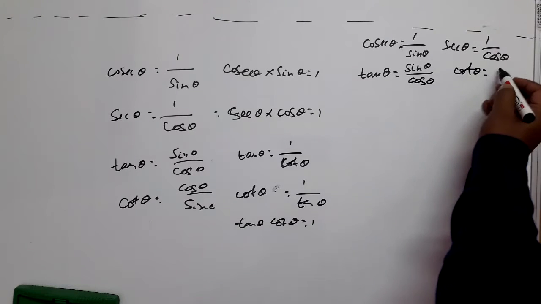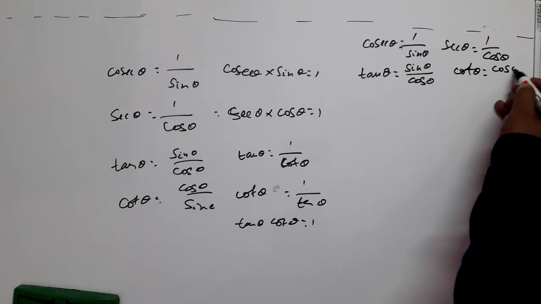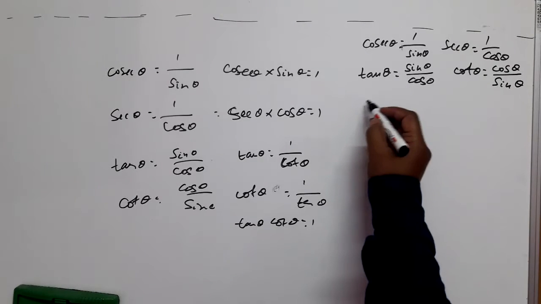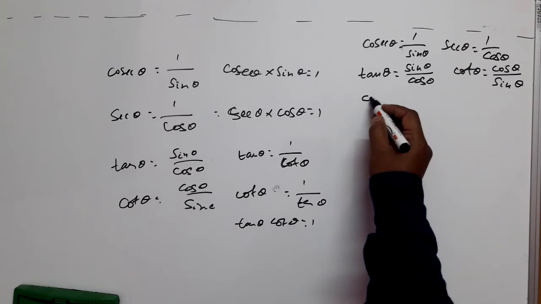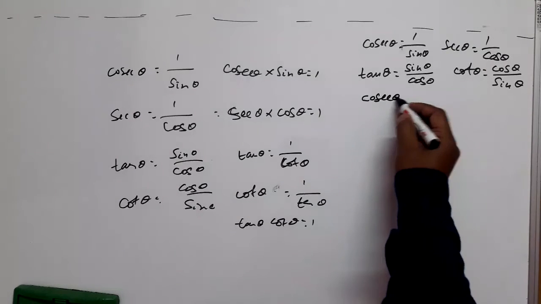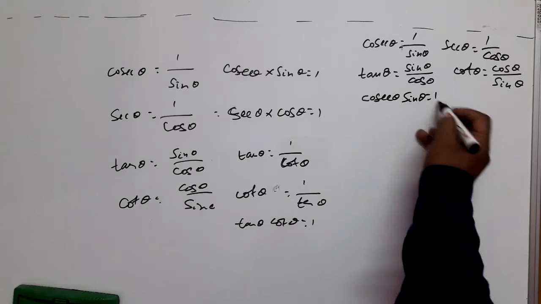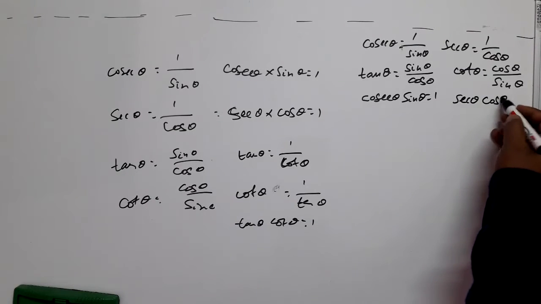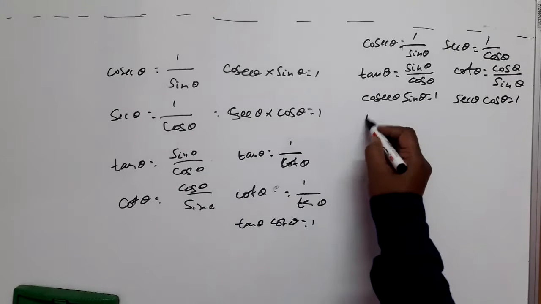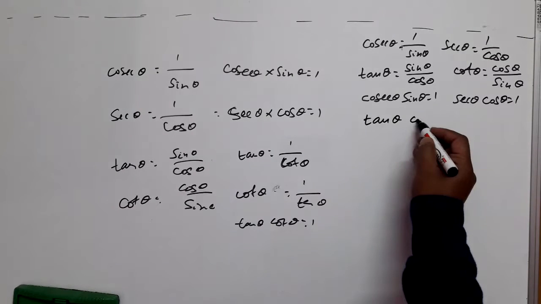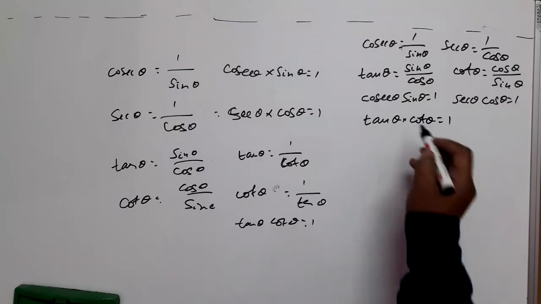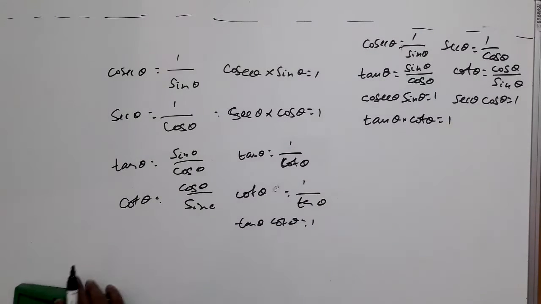Cot theta is cos theta by sin theta. Cosecant theta multiplied by sin theta is 1. Secant theta multiplied by cos theta is 1. Tan theta multiplied by cot theta is 1. Right? All these relations we can have, right?